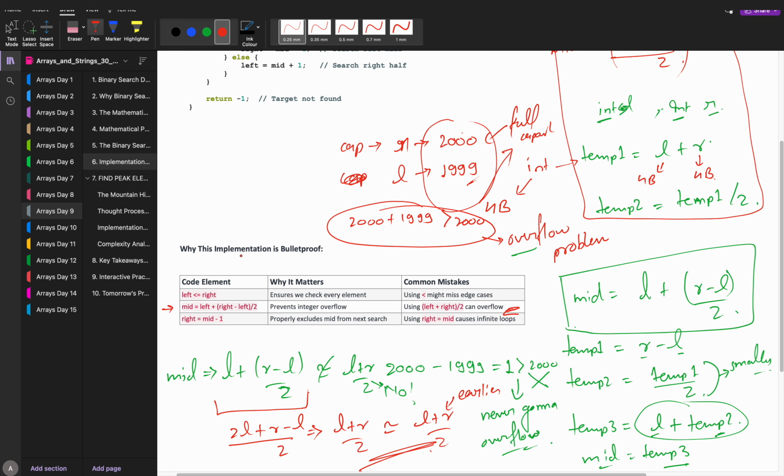Okay, that's why. Now in the code, this particular part: left less than or equal to right, why do we do this? It ensures we check every element, right, including the last middle element, to check a search space of size 1.